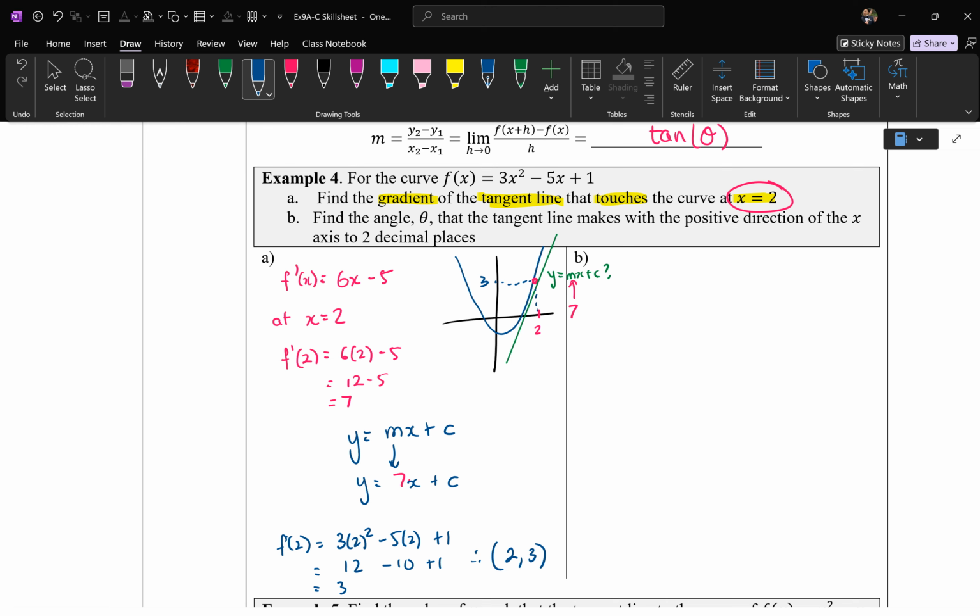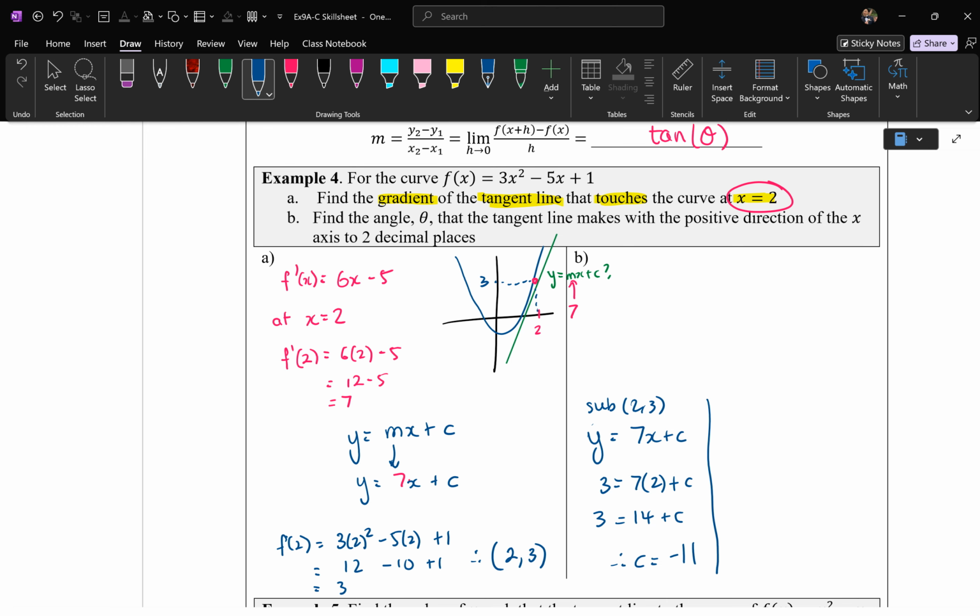So to find the tangent line, I just have to sub them in. I'm running out of space, so I'm just going to write it over here. That means y is equal to 7x plus c. Sub in (2, 3). 3 is equal to 7 times 2 plus c. 14. And therefore c is equal to 3 take away 14, negative 11.